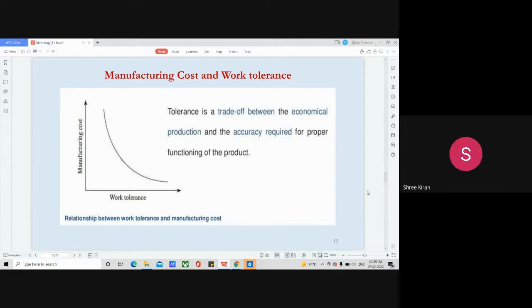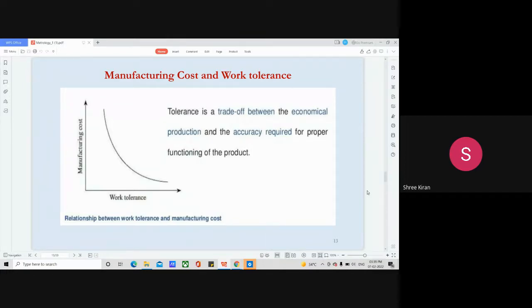Other than that, it saves time, since it is normally a replica of the component, so the dimension measuring will be simple. A gauge is usually a copy of the mating part of the component being checked.